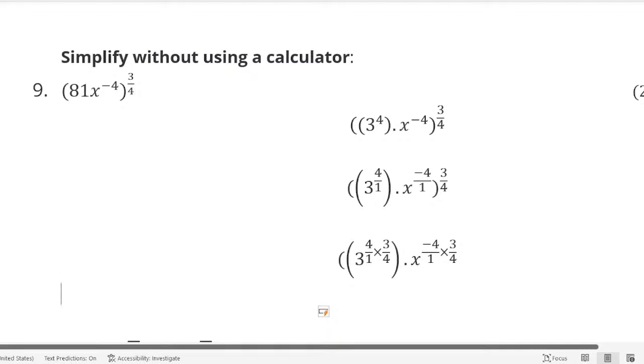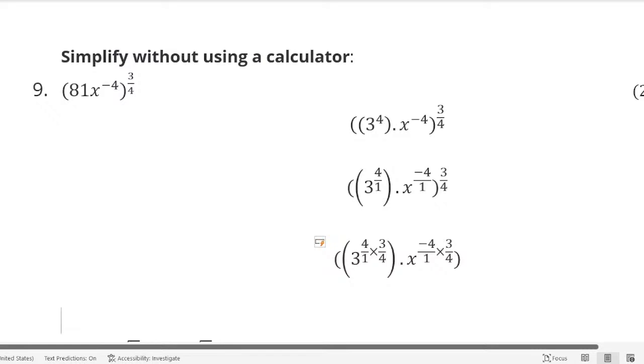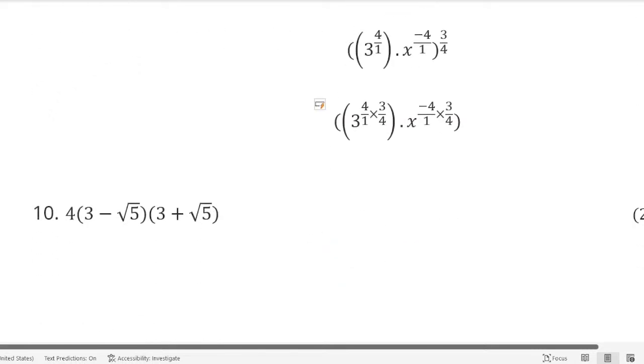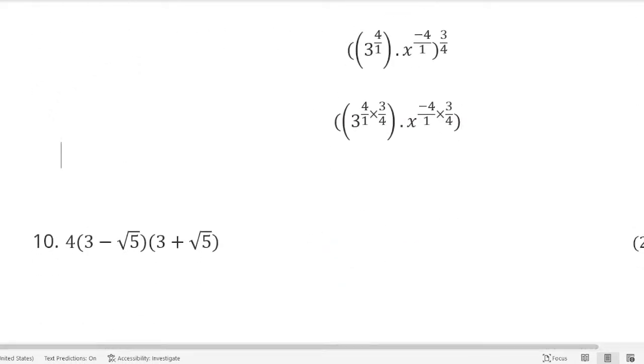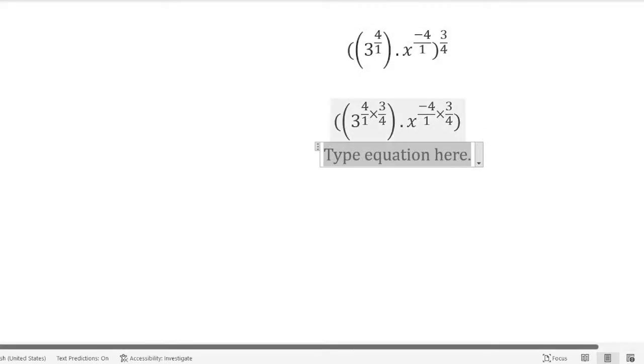Okay, let's simplify here. Let me close the brackets. So here we're going to say 4 times 3 is 12. Then 12 divided by 4, that is 3.